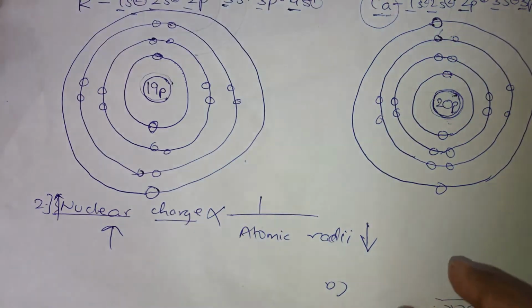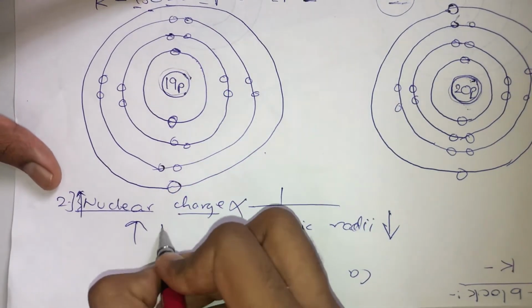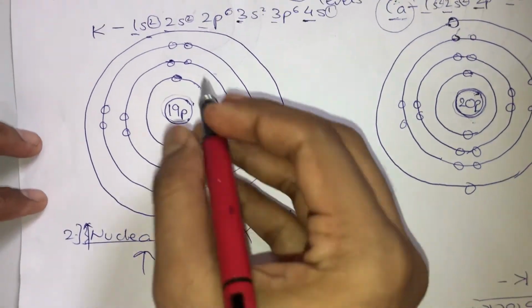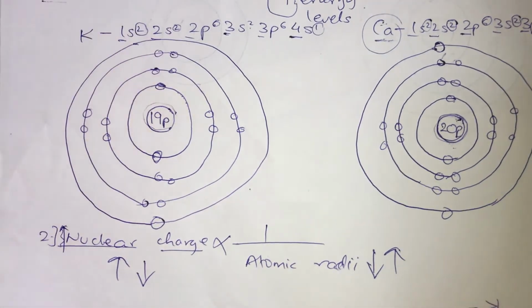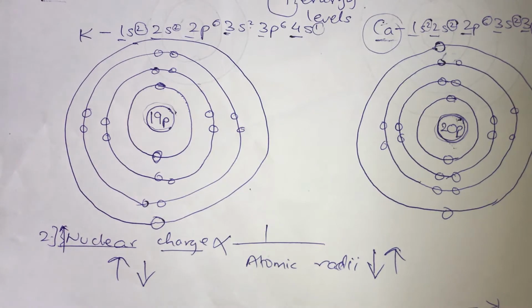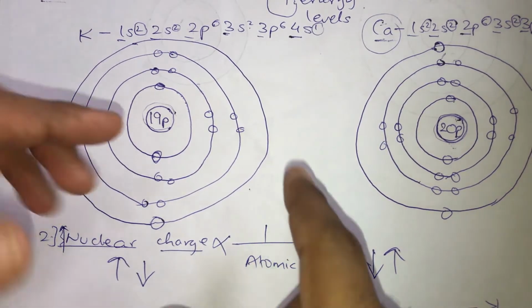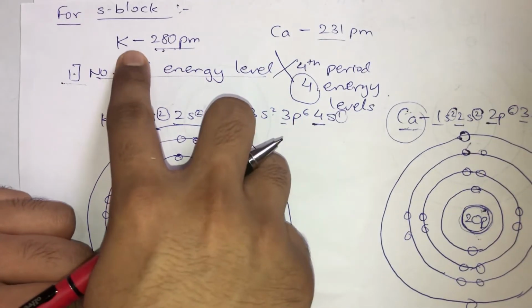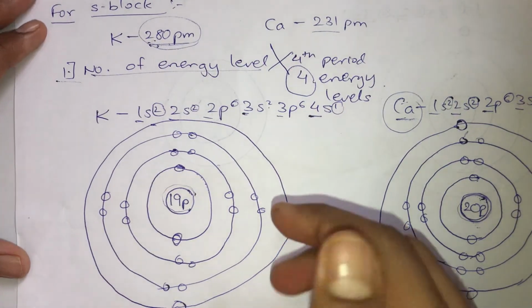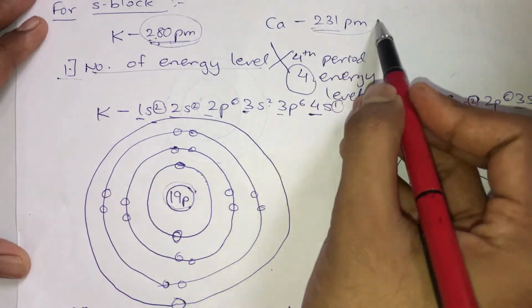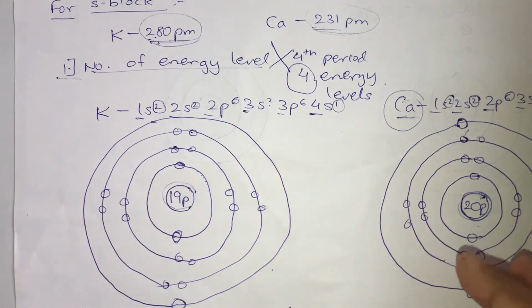Okay, and if the nuclear charge is less, like in the case of potassium, the atomic radii will be greater. So I hope, guys, you have understood why potassium has greater atomic radii as compared to the calcium. I think this part is clear.